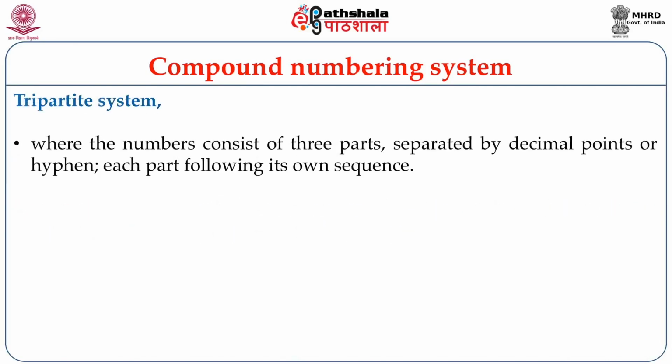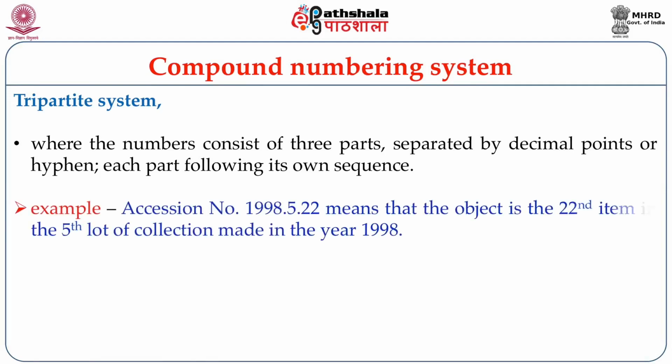And the tripartite numbering system is composed of three parts separated by decimal points or hyphens. For example, 1998.5.22 means that the object is the 22nd item of the fifth lot of the collection of the museum made in the year 1998.